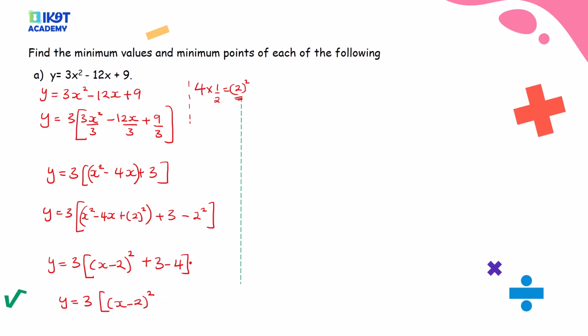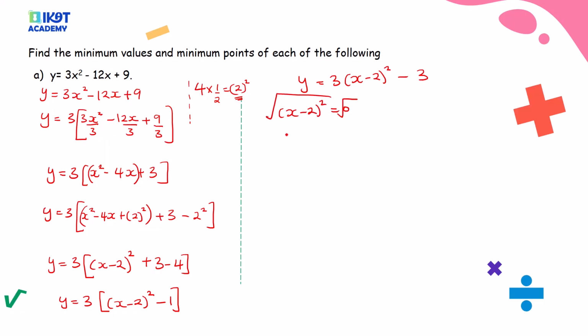So this is 3 minus 4, and 3 minus 4 is negative 1. So now we open the bracket, y is equals to 3 x minus 2 squared minus 3. So for the minimum, this x minus 2 squared will be 0.